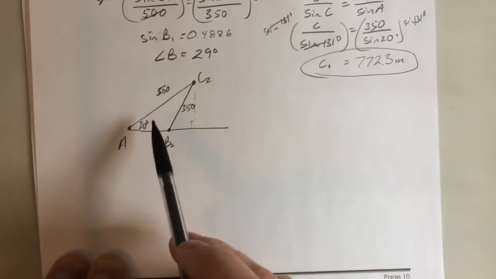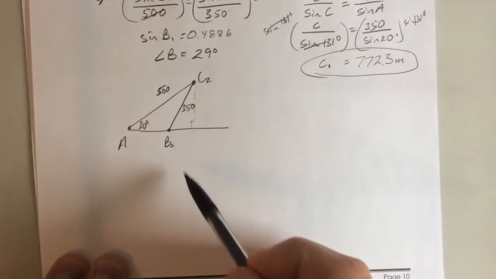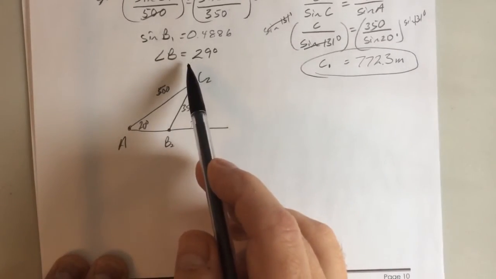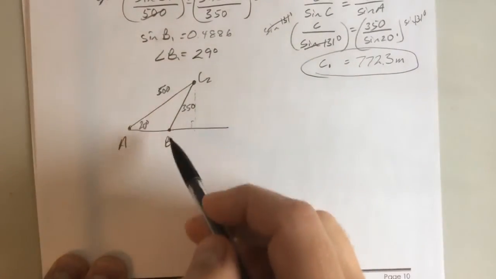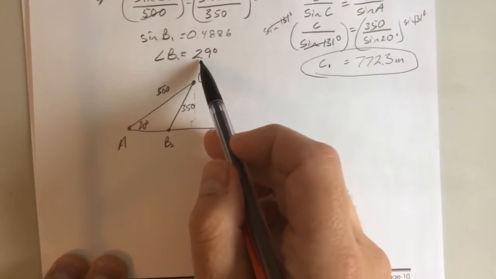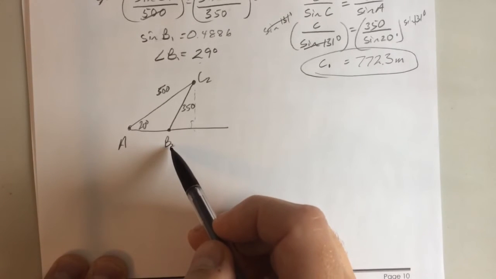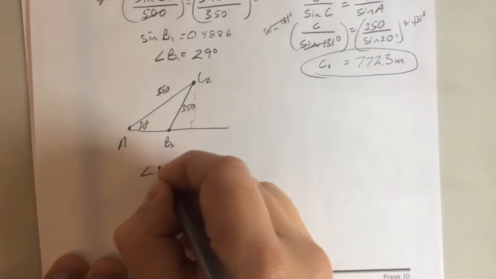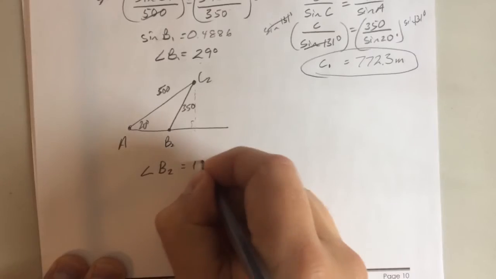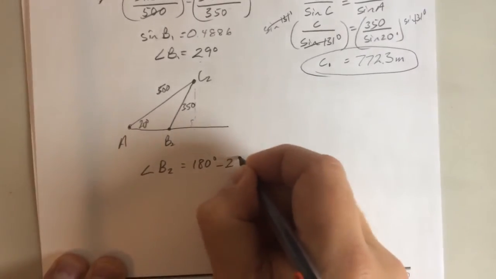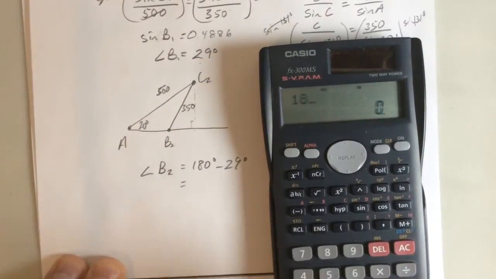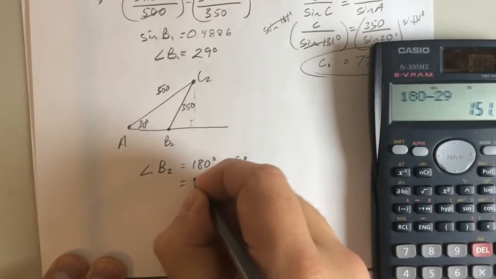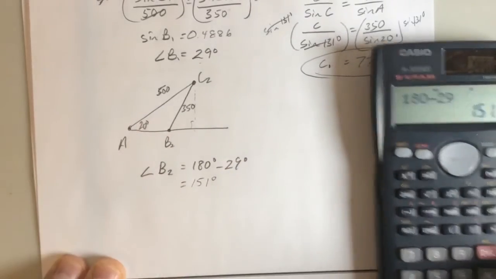First of all, we have to figure out what angle B is. That's easy, because this is B1 up here. We know the relationship, in the ambiguous case of the sine law when it's the acute angle, that B2 is just going to be 180 degrees minus the 29 degrees. Using our calculator, 180 minus 29 equals 151 degrees.